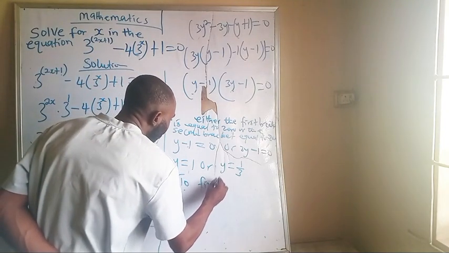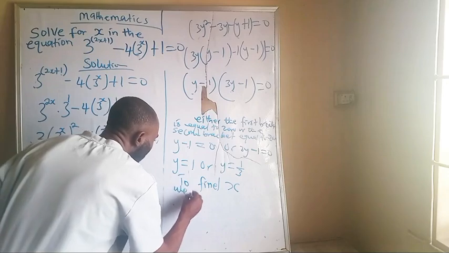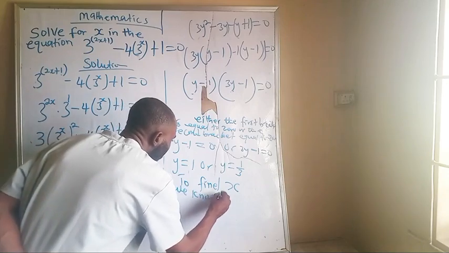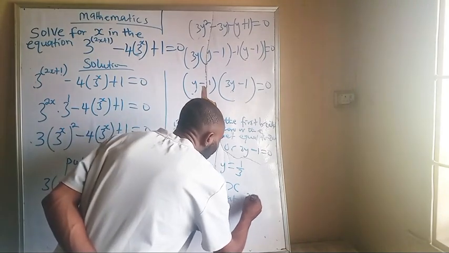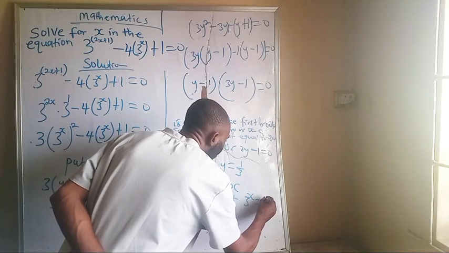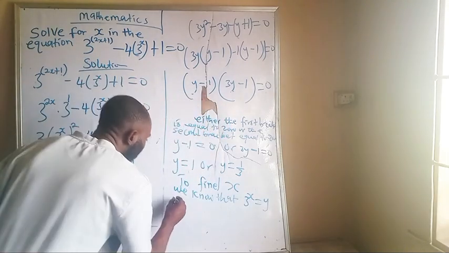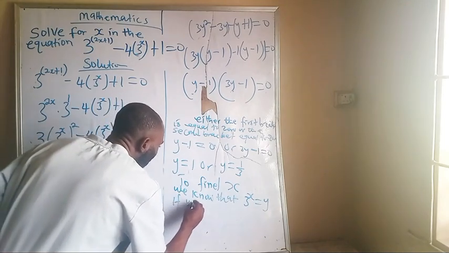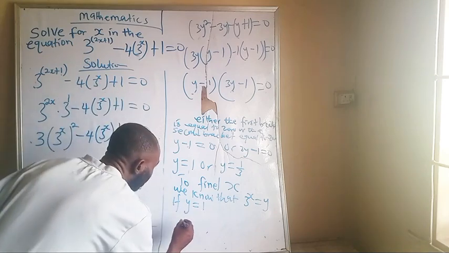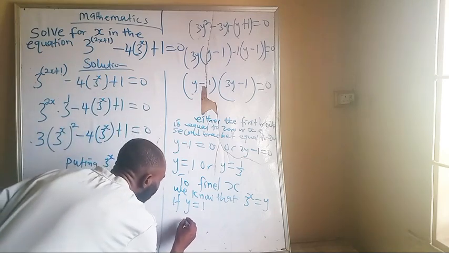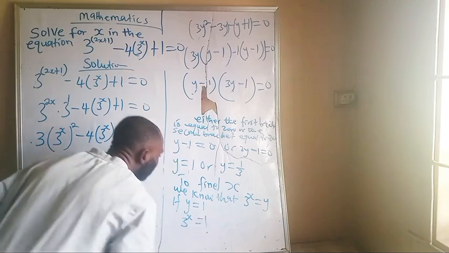To find x, we know that 3 raised to the power of x is equal to y. So if y is equal to 1, then 3 to the power of x will be equal to 1.